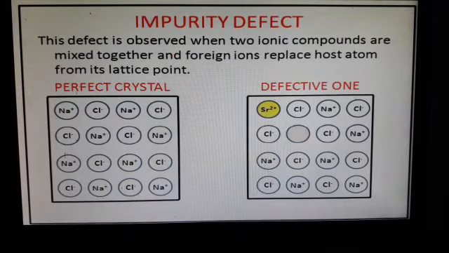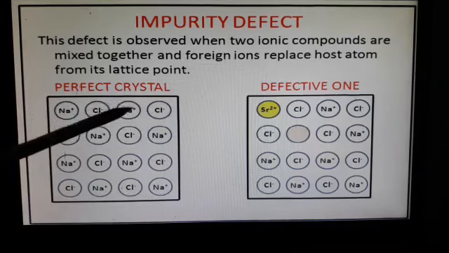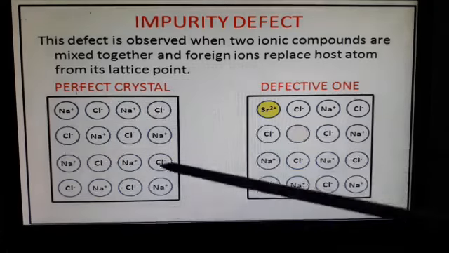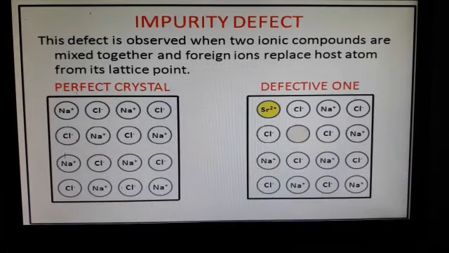You see here, this is a crystal of NaCl. Cations and anions are present in alternate positions. So this is a perfect crystal. In the defective crystal, when this NaCl is mixed with strontium chloride, SrCl2, then some Sr2+ ions replace sodium ions.